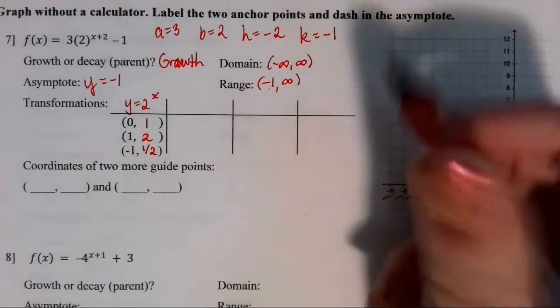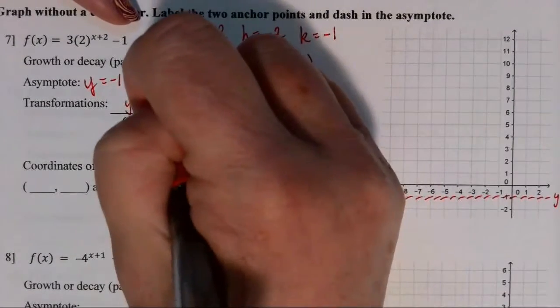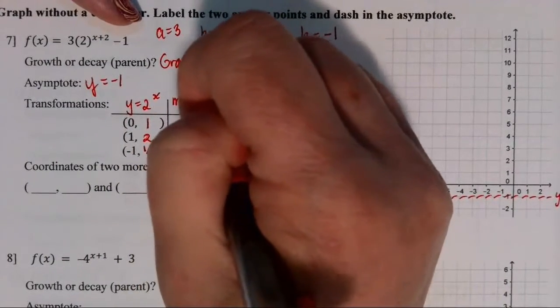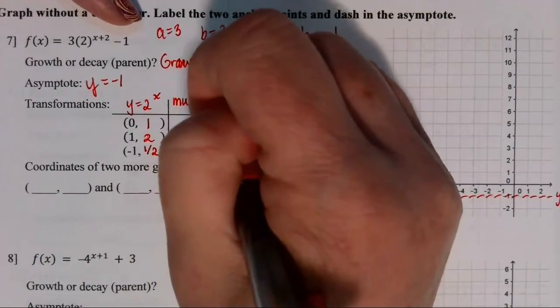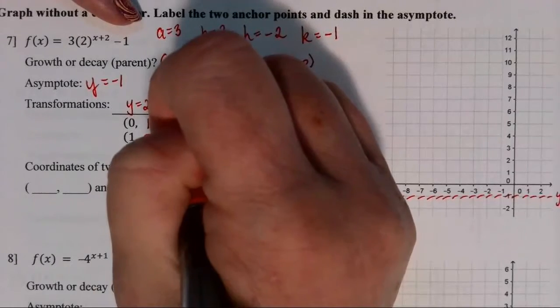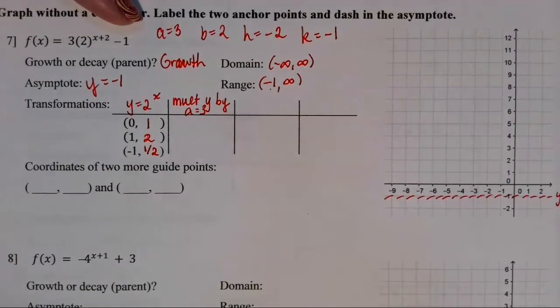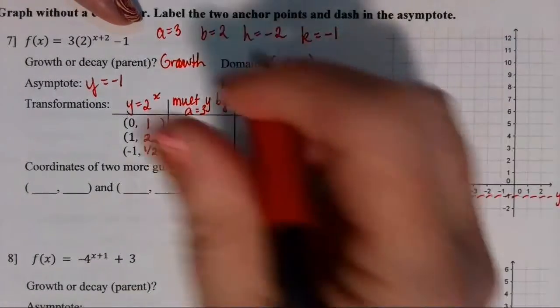Okay, then we multiply the y value by the a, and our a is 3. So we multiply each y coordinate of the anchor points by a equals 3.